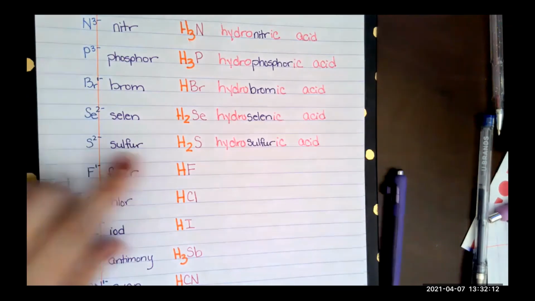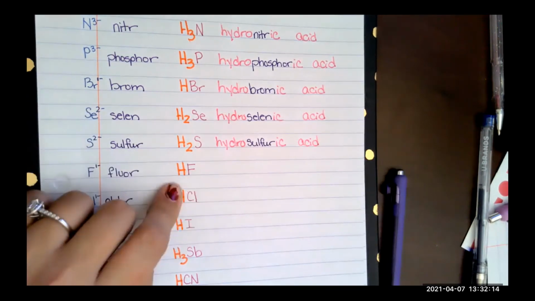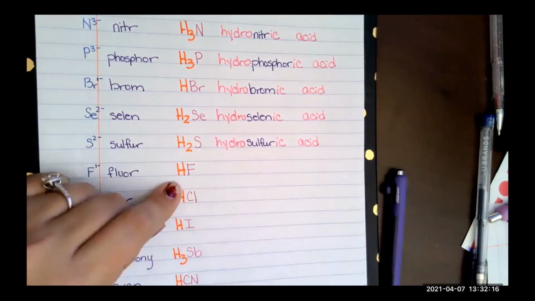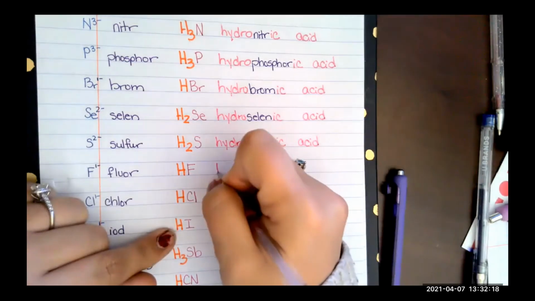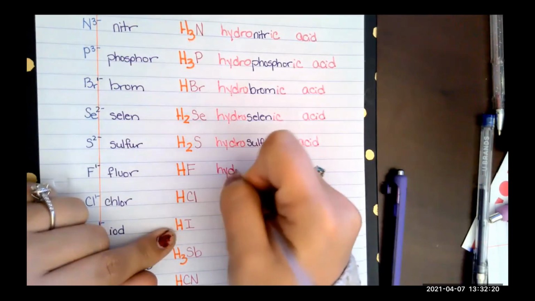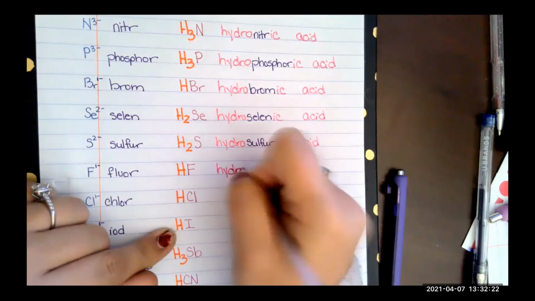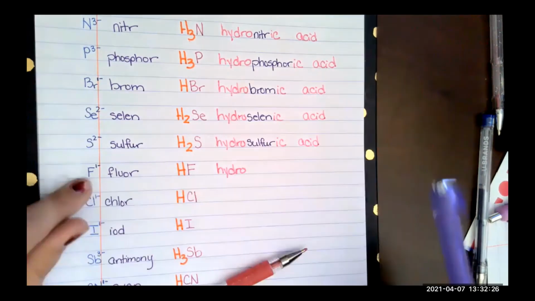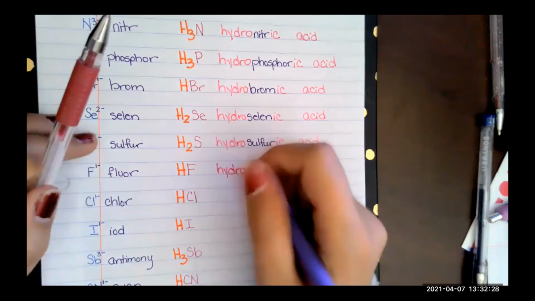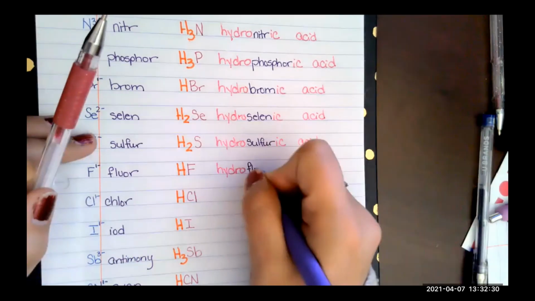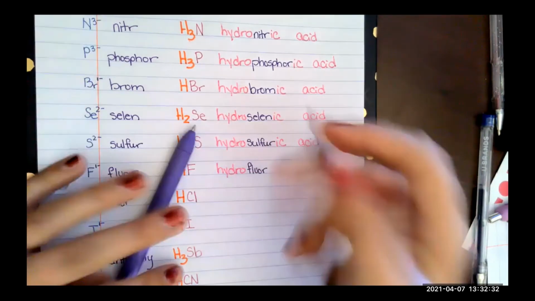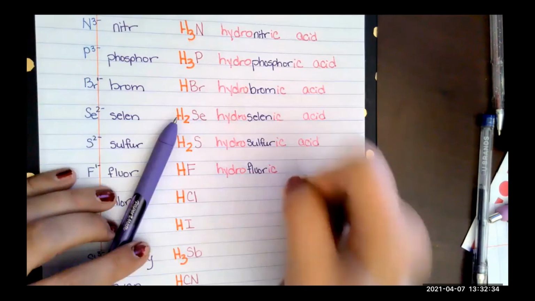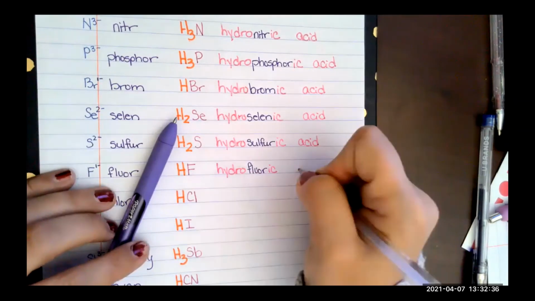Okay, HF, no oxygen, has to be binary. Binaries always start with hydro. Okay, F, the root of F is fluor, so hydrofluor. I have to end my word with ic, so hydrofluoric, all one word, and then you're not correct until you write the word acid.